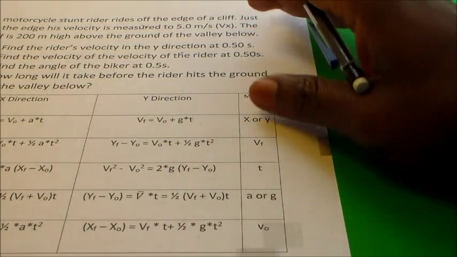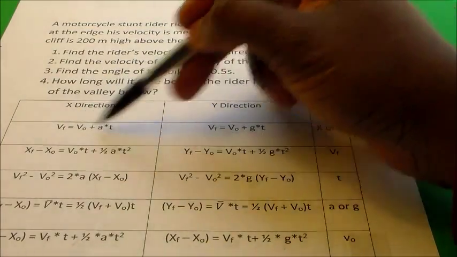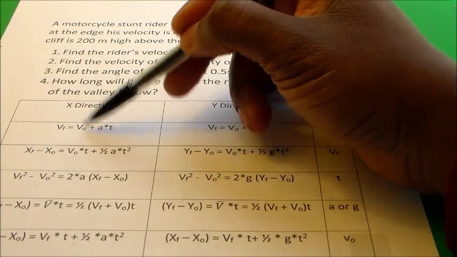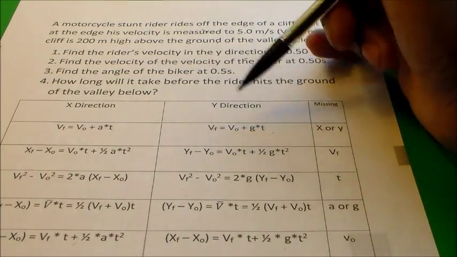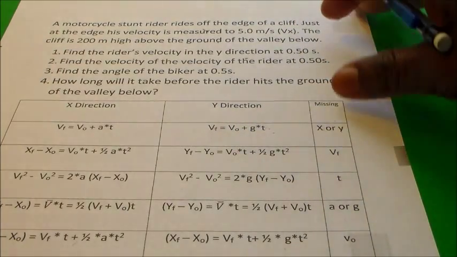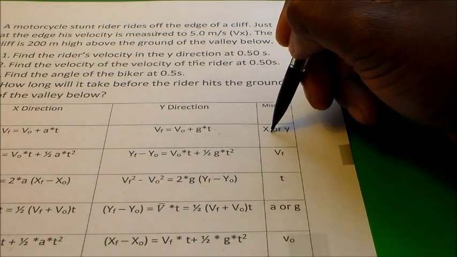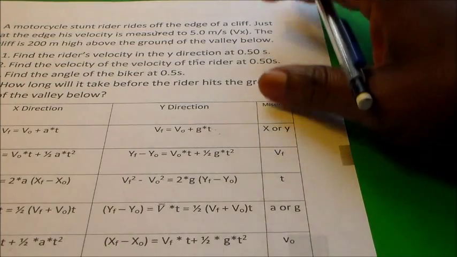If you look at this very first row, these two equations have the final velocity, the initial velocity, acceleration, and time; and in the y direction, final velocity, initial velocity, gravity, and time. What's missing from that is the distance in the x or in the y.